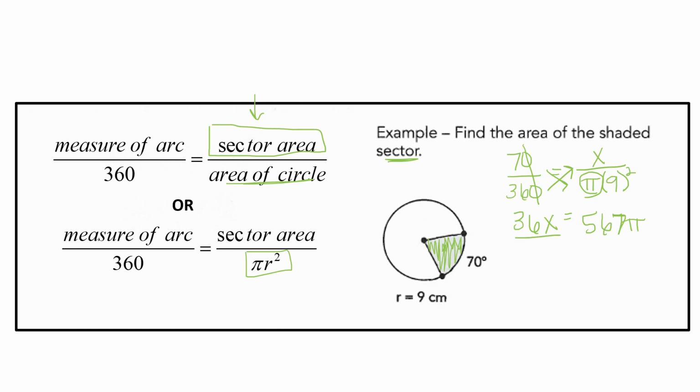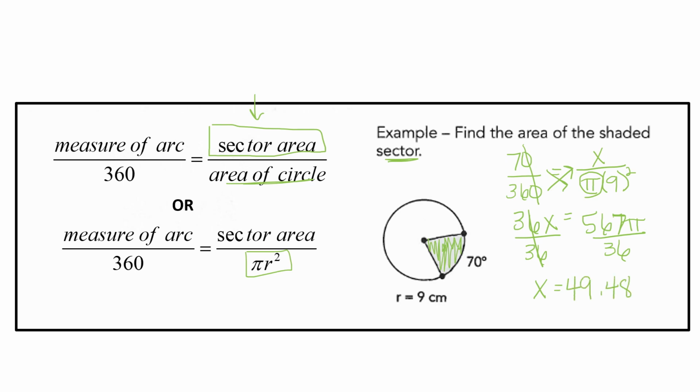From here again, let's divide both sides by 36 because we're trying to get that x alone. And now comes the point where I can grab my calculator out and type it in. Again, you want to type in 567, hit the pi button, and then divide by 36. When you do so, hopefully you get back the number 49.48.